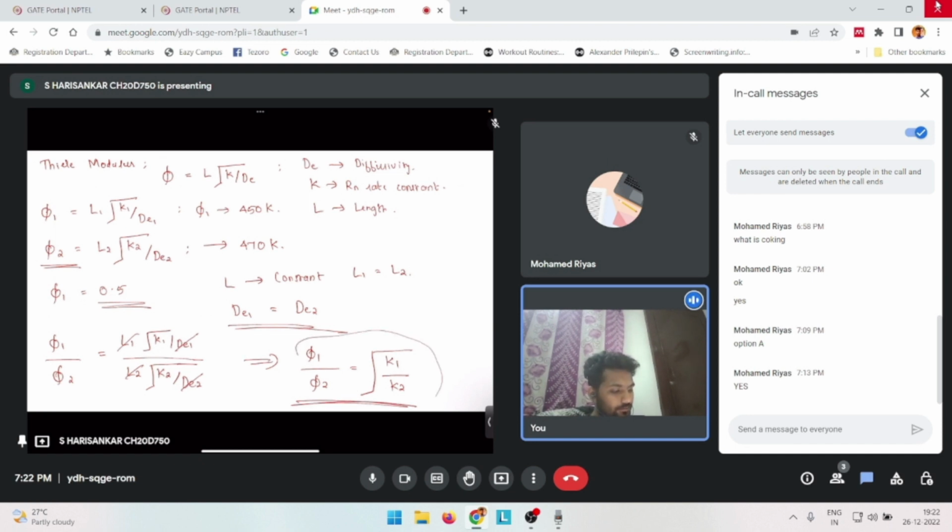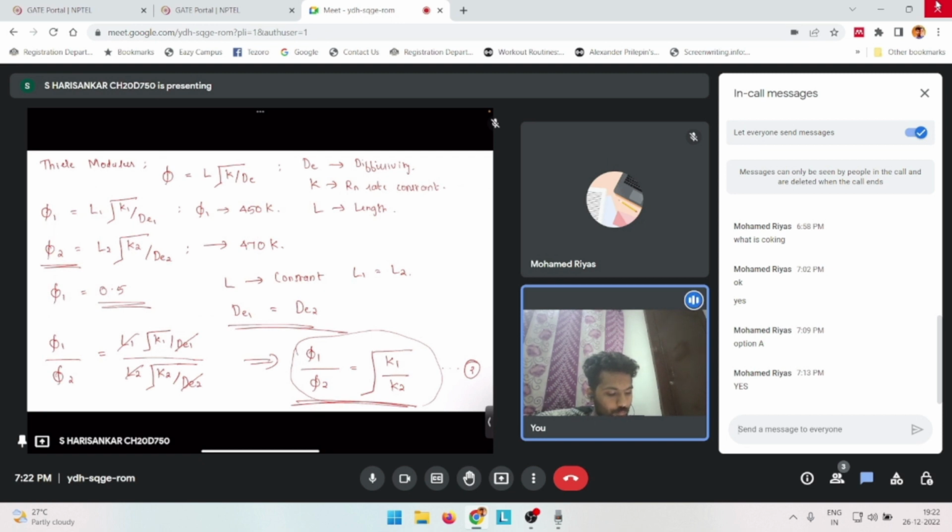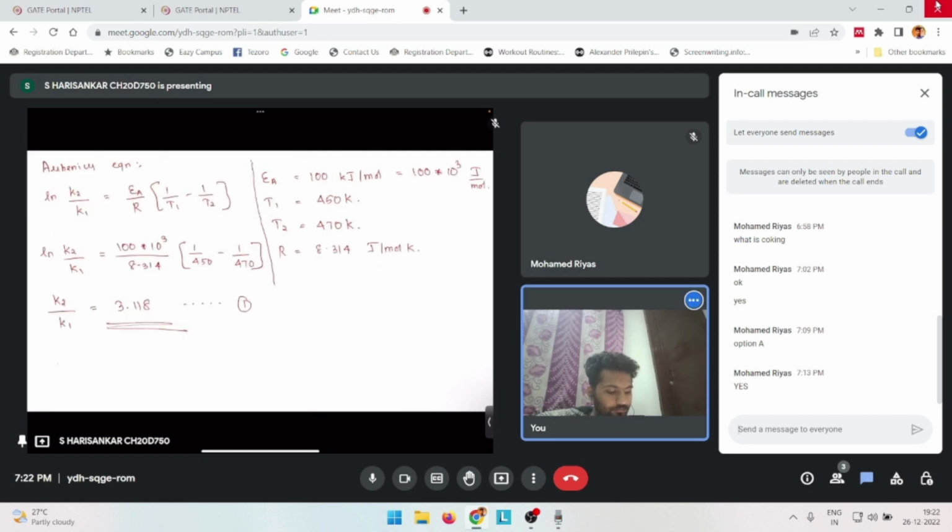So let us take this as equation 2. So we have two equations here. The first equation being K1 by K2 is equal to 1 by 3.118, because here it is K2 by K1, which is 3.118.